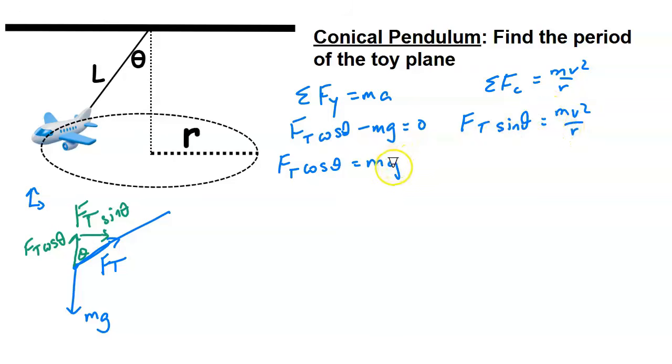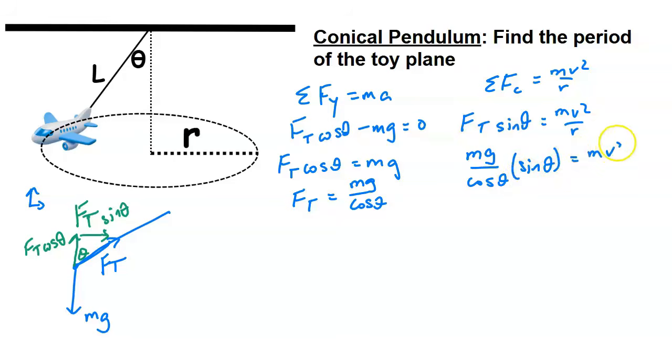Okay, so now I'm going to come back here and isolate F_T, and we're going to do a substitution. So F_T is mg over cosine theta. I'm going to substitute mg over cosine theta into F_T, times sine theta, and that is going to be equal to mv squared over r.